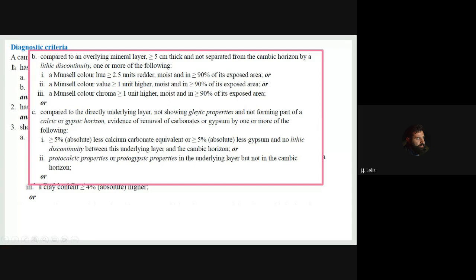Or the directly underlying layer did not present gleyic properties and does not form a calcic or gypsic horizon, and it evidences the removal of carbonates or gypsum by weathering, okay?